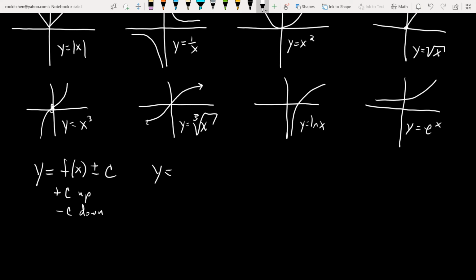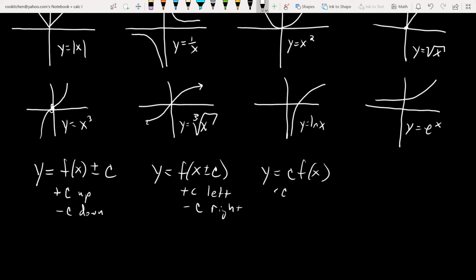If you have y equals f of x plus or minus c inside, this time plus c will move it to the left, and minus c will move it to the right. What else? Multiplying a constant on the outside, that affects kind of its amplitude. So if c is in between 0 and 1, then it's going to smush it vertically.